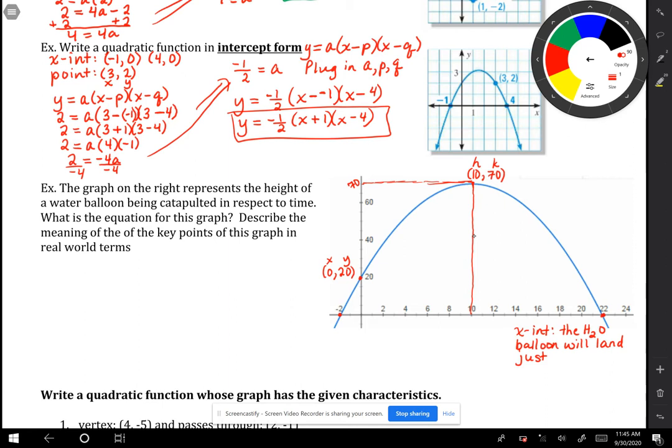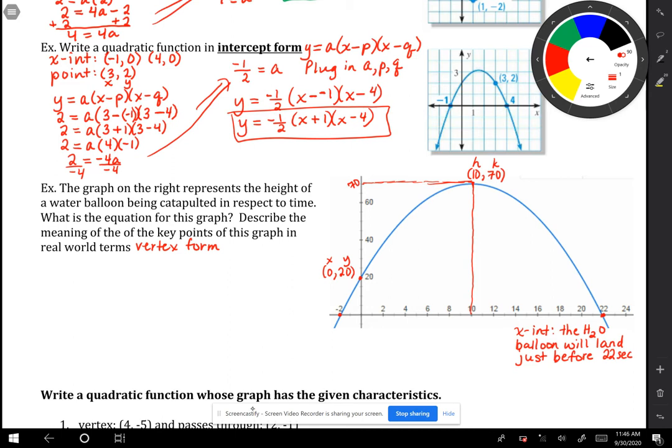It's not right at 22. We can write this equation in vertex form. If we know the vertex, it's always best to use vertex form. In example 2, we didn't know the vertex. We would have had to estimate.